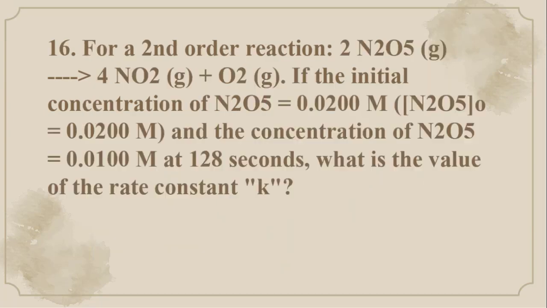Cool. So then we have our last problem. For our second order reaction, we have this formula. If the initial concentration is this, and the concentration is that at 128 seconds, what is the value of the rate constant?